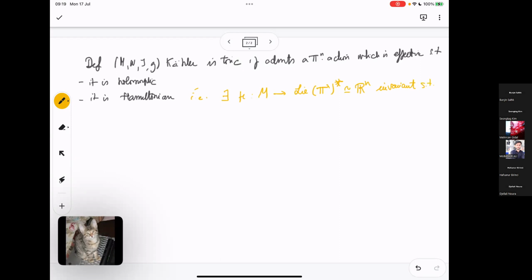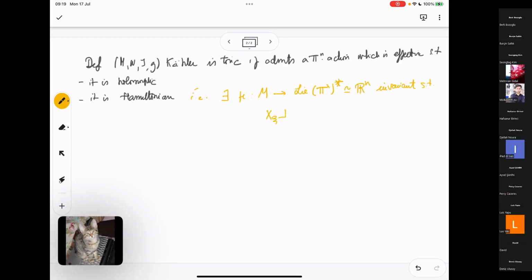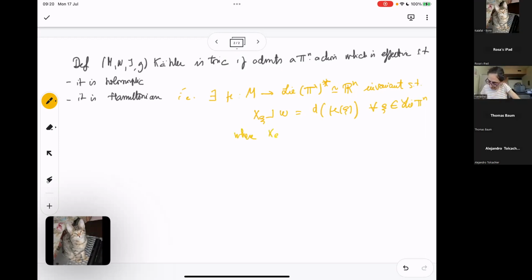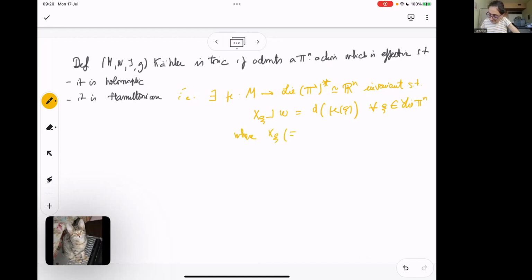And okay, so here's the definition of the moment map, which is essentially what I'm going to give you now. So, okay, so the moment map is a primitive of the vector field induced by the action. So this needs to be true for all of the elements in the Lie algebra, and this X psi is the vector field induced by the action.